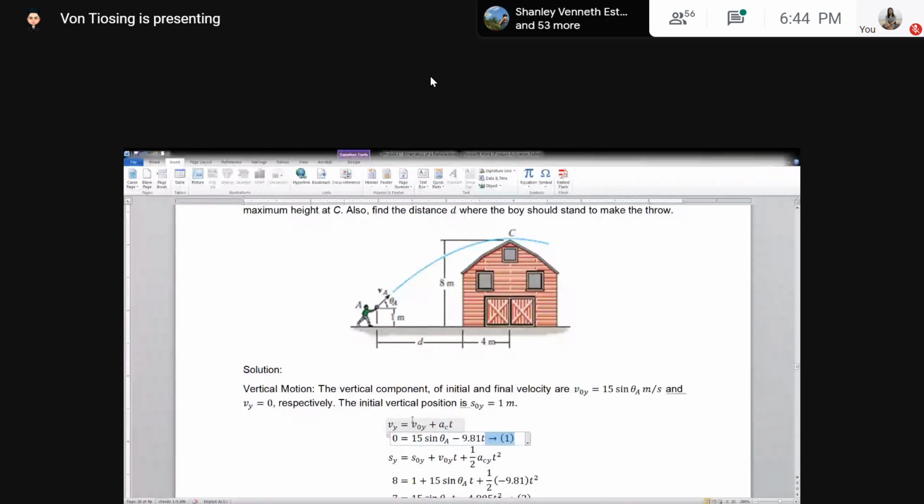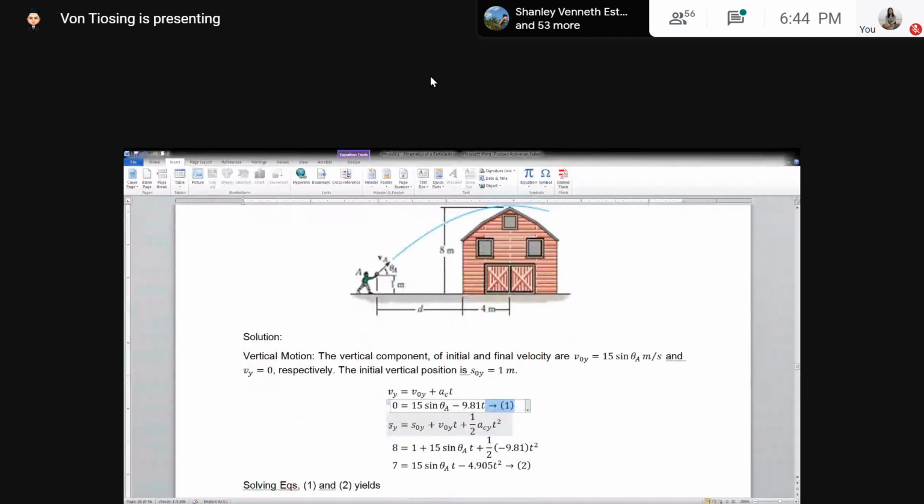Next, so Sy, S of Y is equal to what? S naught Y plus V naught Y T plus 1/2 A sub C Y T squared. Okay, so yung A sub C Y na yan din yung G. Rather, negative G. So we have 8 is equal to what?